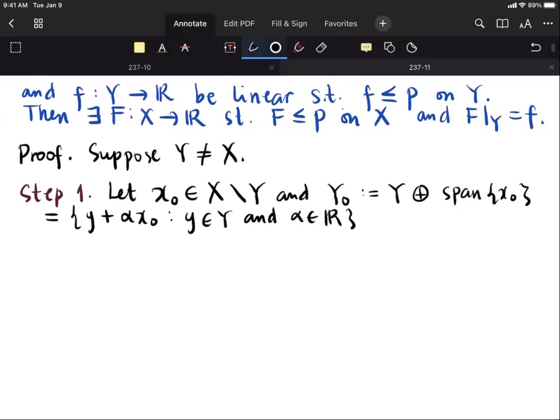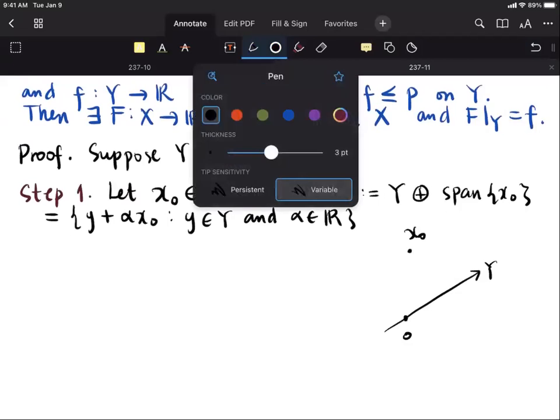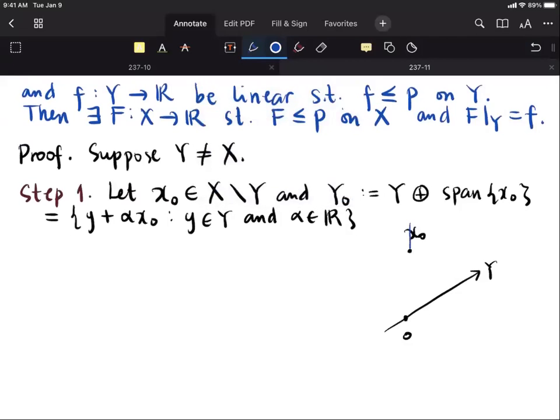So the main idea of the proof is the following. Suppose this is your subspace Y, and you have a vector not in Y. So what you do is you take the linear span of this vector, and then you take the linear combination of the two.